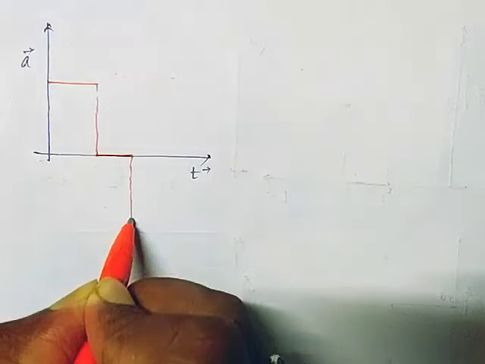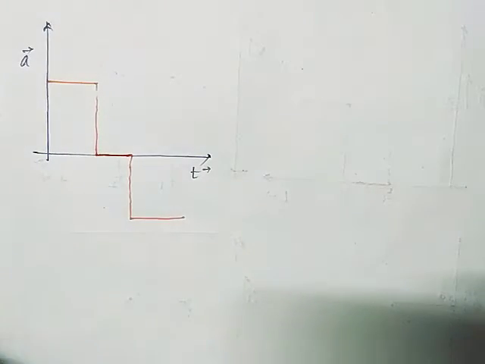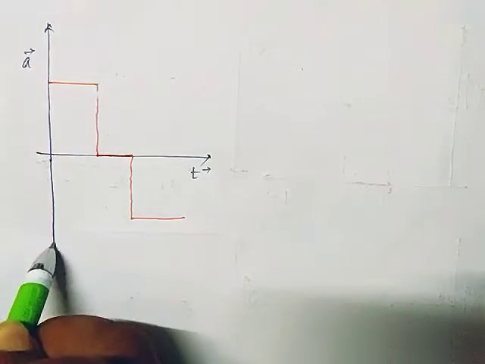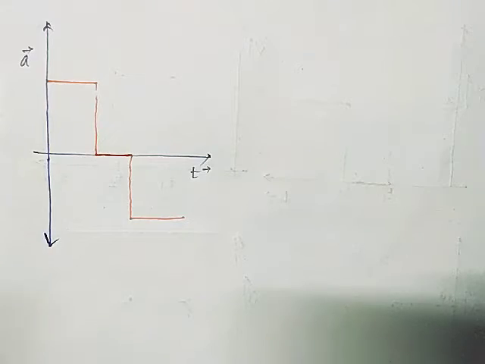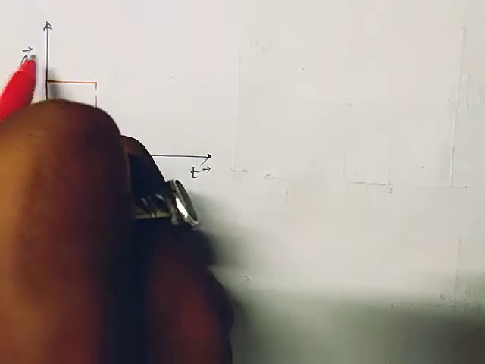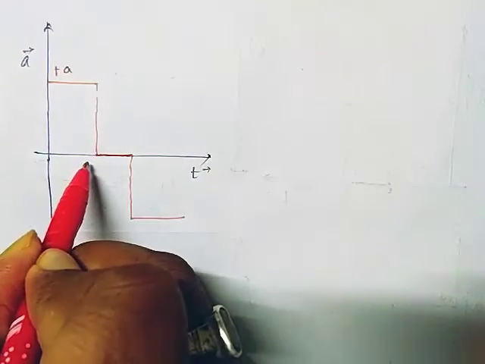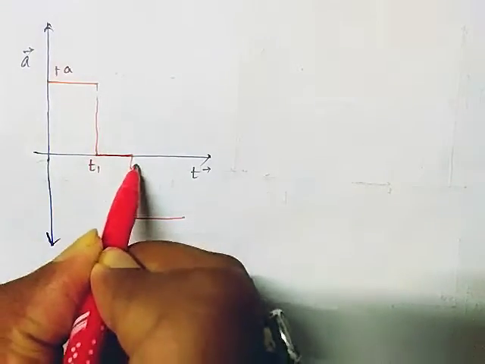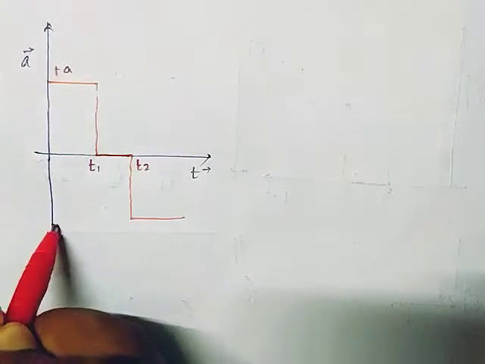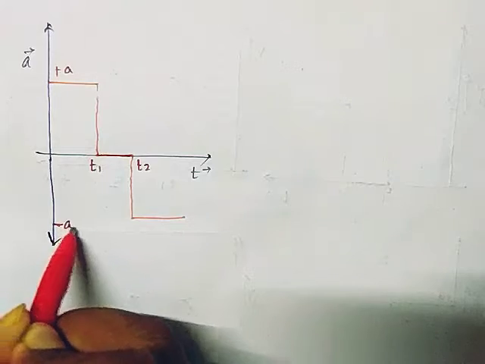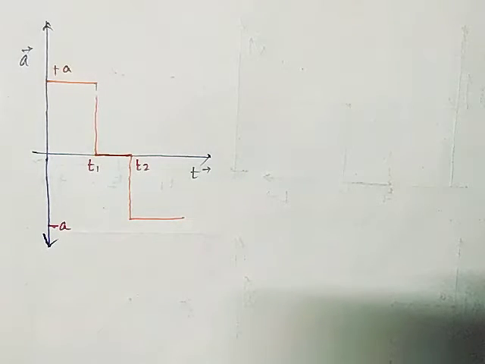After that it again becomes negative. So here it will be plus a up to t1, then 0 up to t2, and then it becomes minus a. Okay, so it is the acceleration.